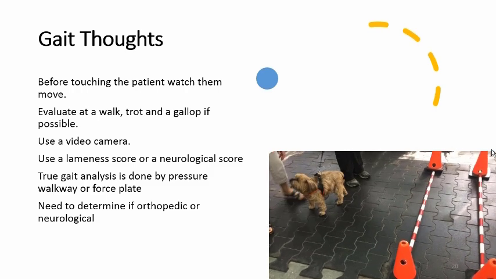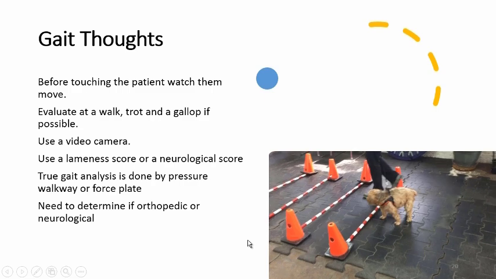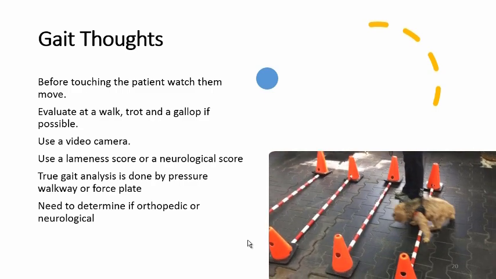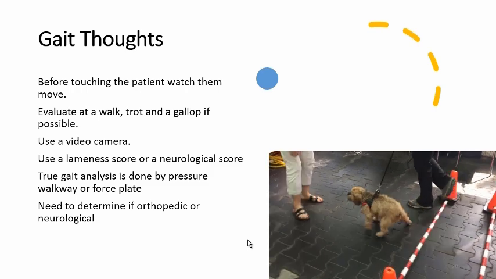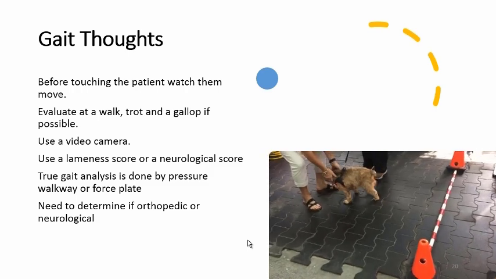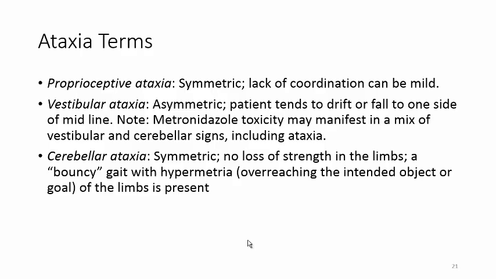Does it have a neurological issue? These are things we need to consider when we watch them walk. Remember, true gait analysis is really done by a force plate or a pressure walkway, and we don't necessarily need to do that, but we can learn an awful lot with our hands and with our eyes.